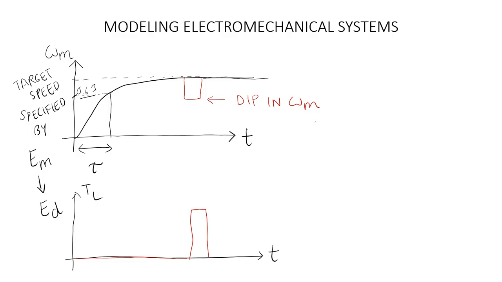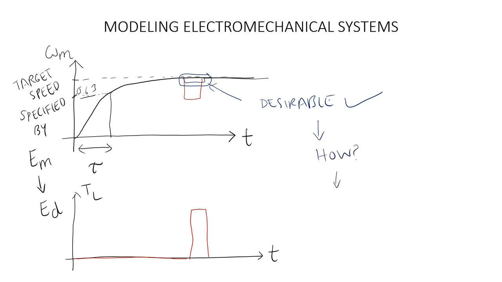And this is bad. We want to improve the response of the system by reducing the amount of this dip. We want to reduce it to as small a value as possible, such as only this. This is desirable. So a small change in the speed is what we want to achieve with the help of feedback. So how do we obtain such a response?